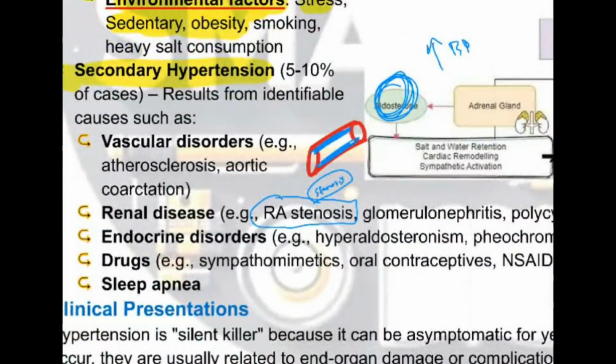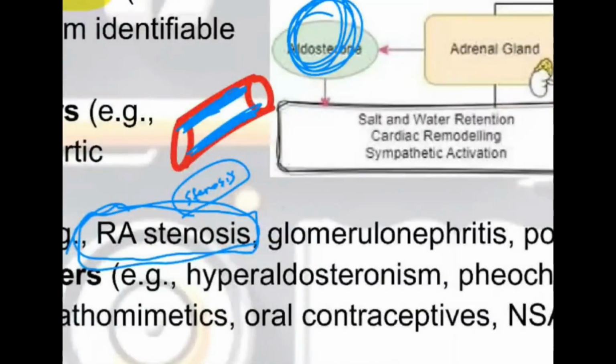What will happen if renal artery stenosis occurs? Due to some reason, some tumor or some atherosclerosis, or some external compression might occur. Because of renal artery stenosis, kidneys will not get blood. Decreased GFR immediately activates RAS. Hypertension. Okay? This is the mechanism.